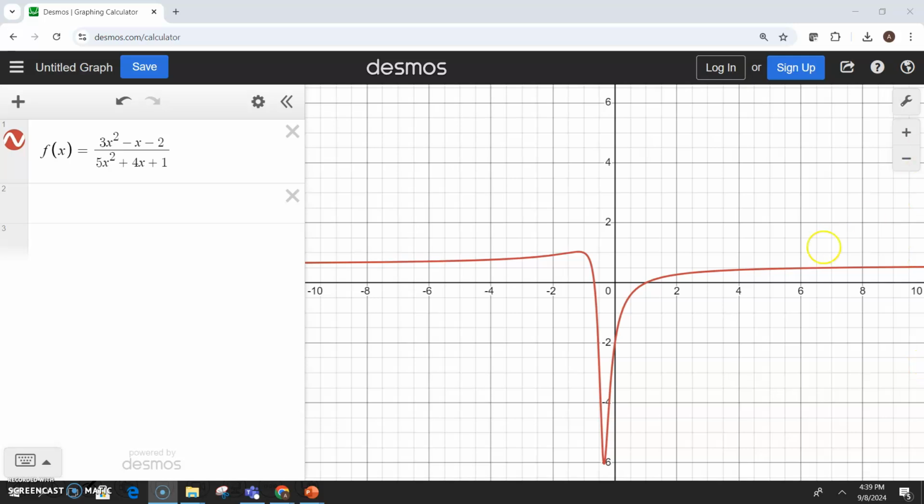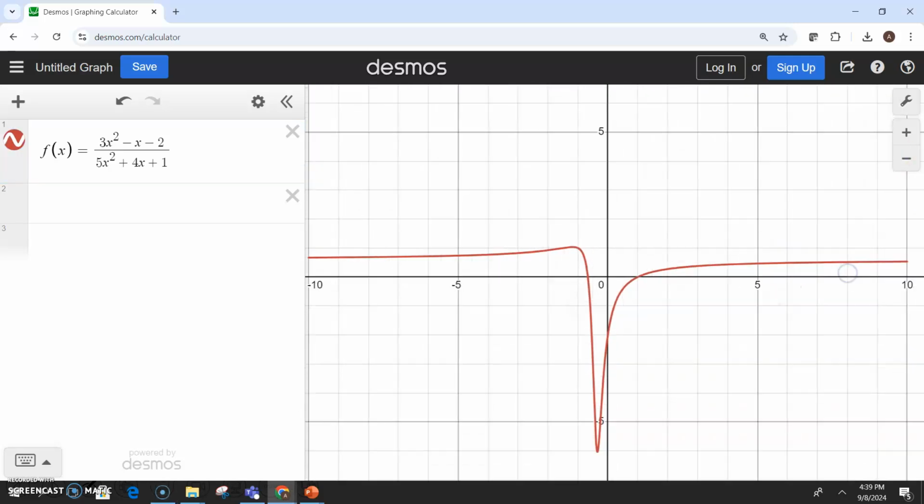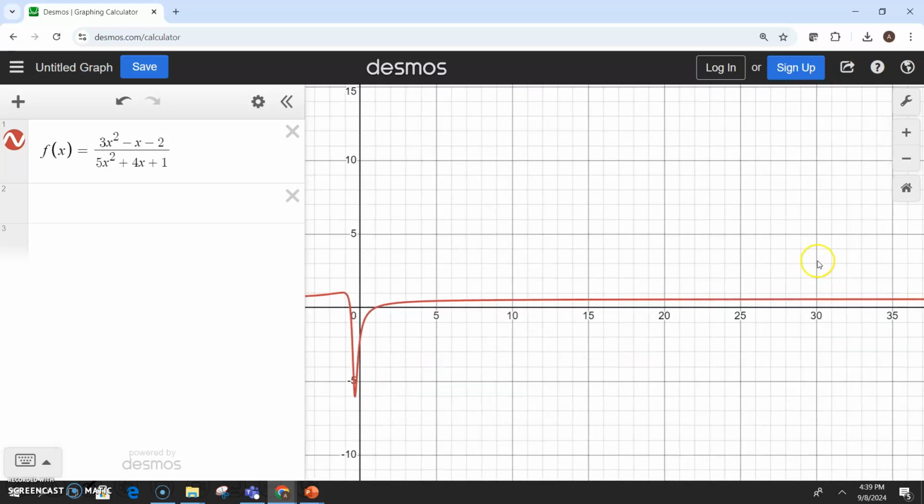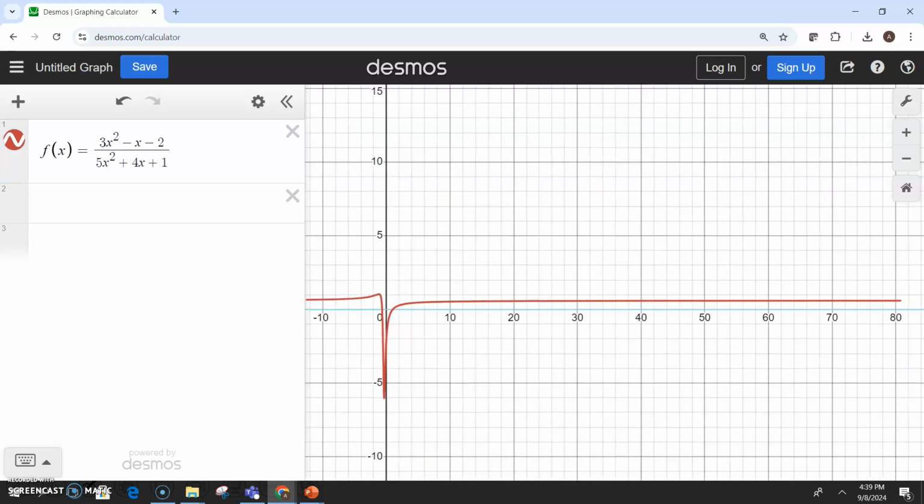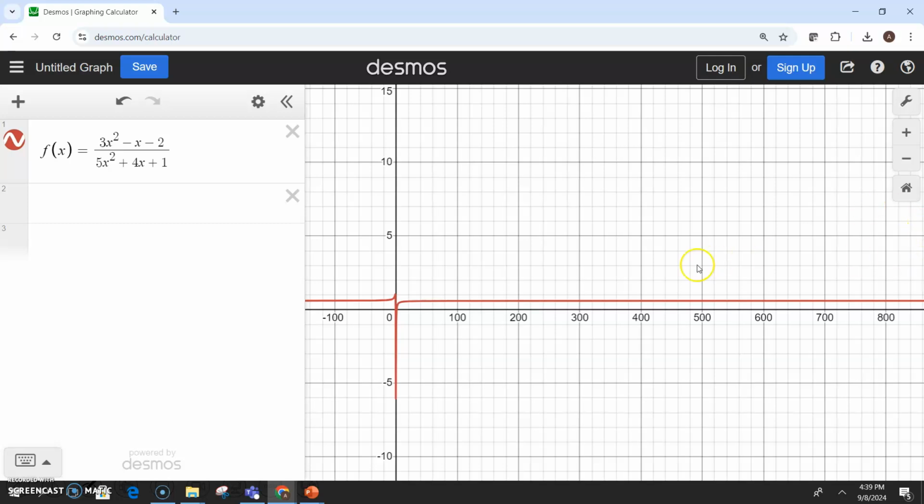Now looking at the graph here, if we follow this curve really, really far, really, really big towards the right, we do in fact see that it is getting stuck at 3/5, right? That 0.6. Obviously, we'd have to go much, much larger to truly see, but you see here, it is getting closer to 0.6 as we move along this curve.